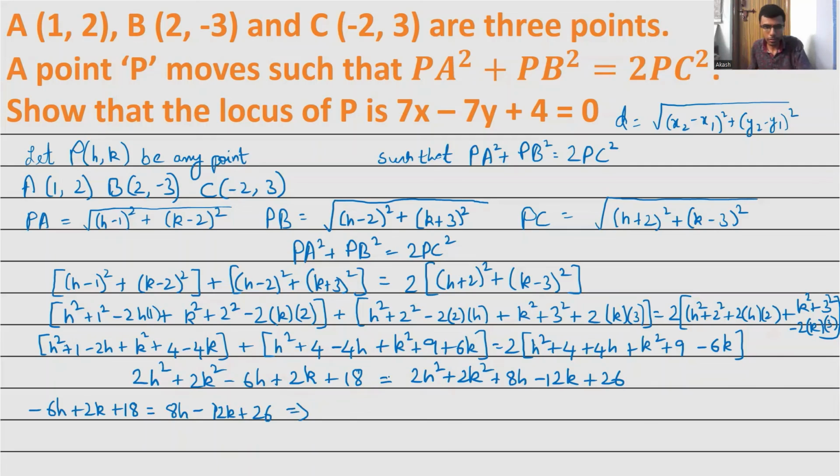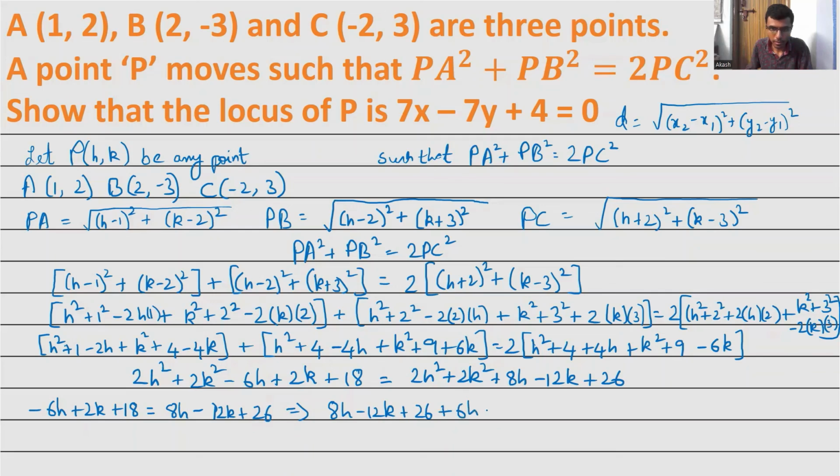This implies that I'm going to bring all the terms on the left side to the right side. So I get 8h minus 12k plus 26, and then the minus 6h here would be plus 6h. Similarly, I get here minus 2k and minus 18.